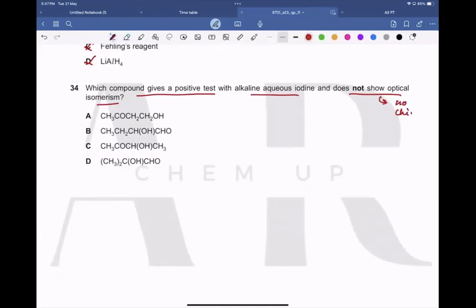Okay, no chiral center. So if I look at the first one, CH3, C double bond O, and if it's showing a positive test with aqueous alkaline iodine, it means it must have this group or it must have this group.